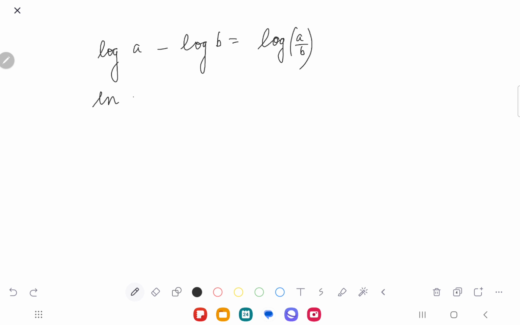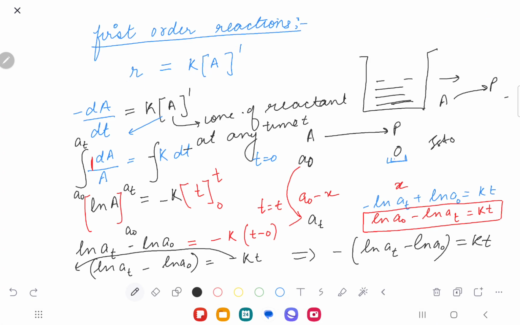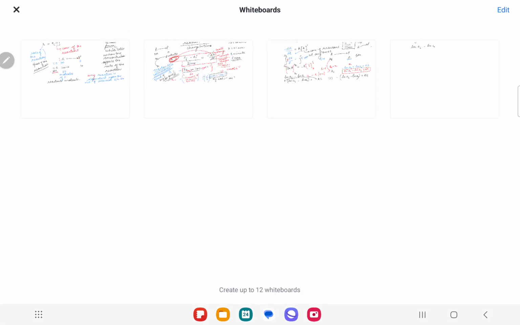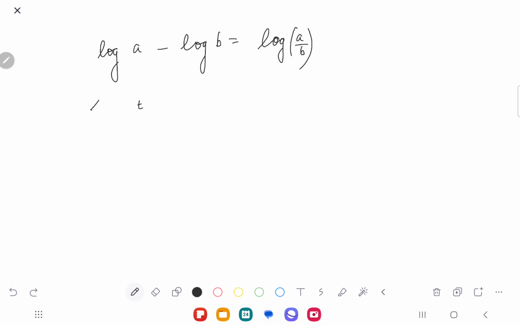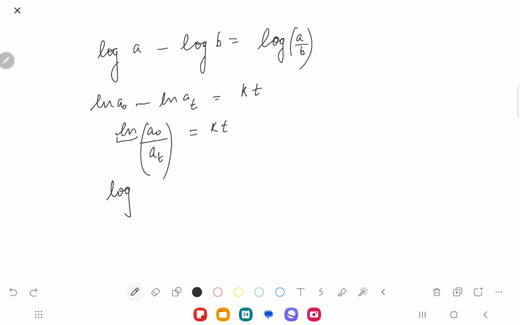So here, if I'm getting ln A naught minus ln AT, and that is going to be KT, don't you think it is going to become ln A naught over AT? That shall be KT. And ln is log to the base E, A naught over AT, and that shall be KT.